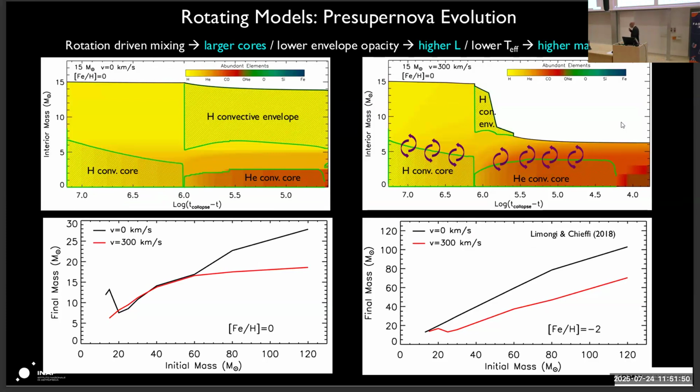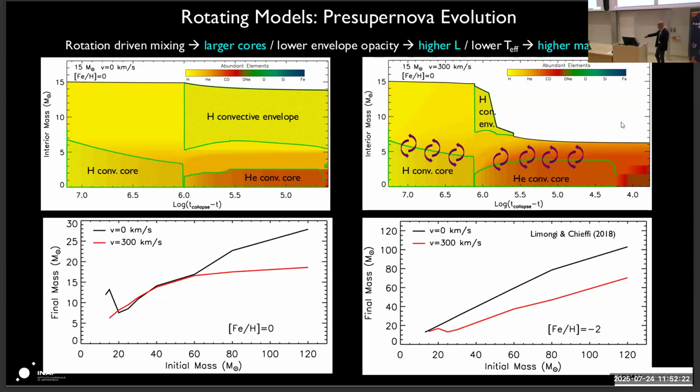The increase of the core means an increase of the luminosity, which in turn means an increase of mass loss. So you have an indirect effect of rotation on the mass loss. So in general, the rotating models lose more mass than their non-rotating counterparts.